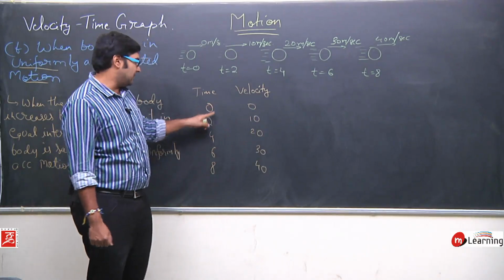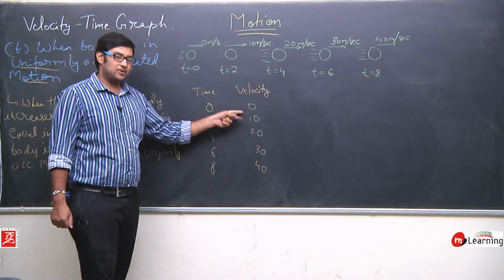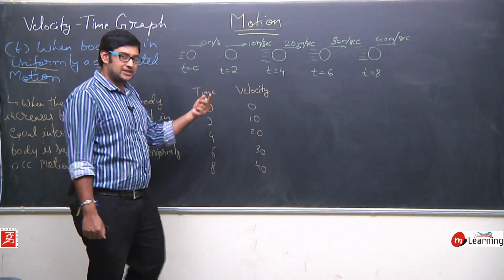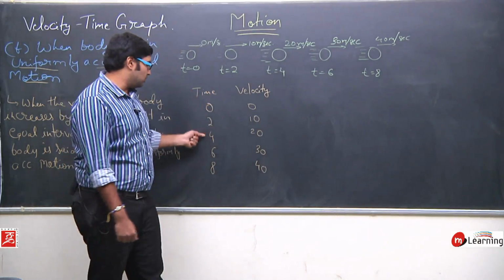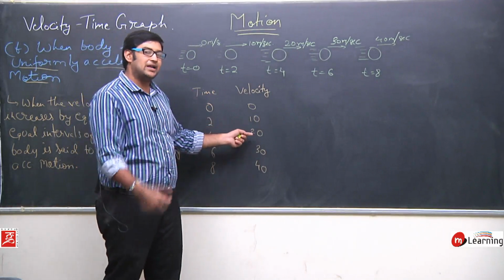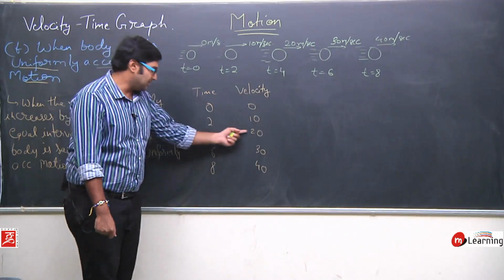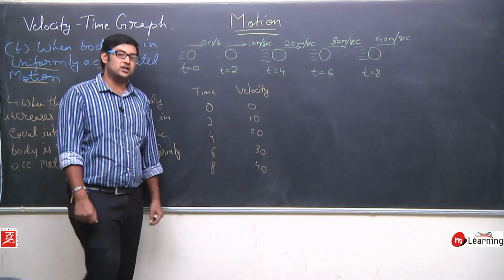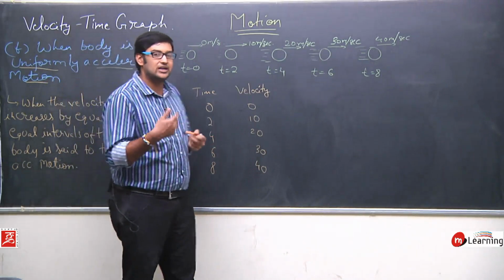In the first 2 seconds the velocity increased by 10 meters per second, from 0 to 10. After 2 more seconds it increased again by 10 and becomes 20, similarly 30 and 40. So velocity is increasing uniformly at a constant rate.